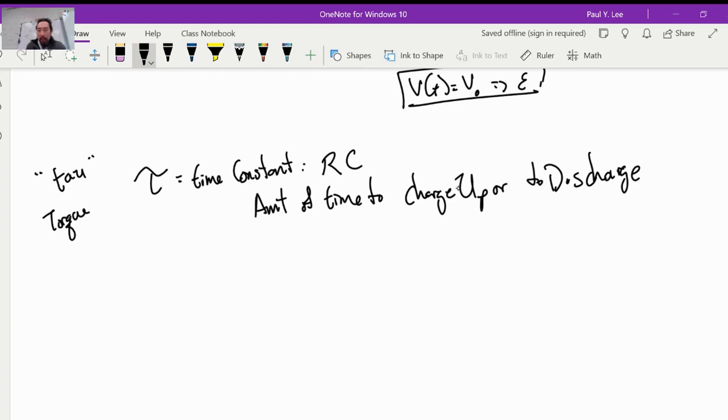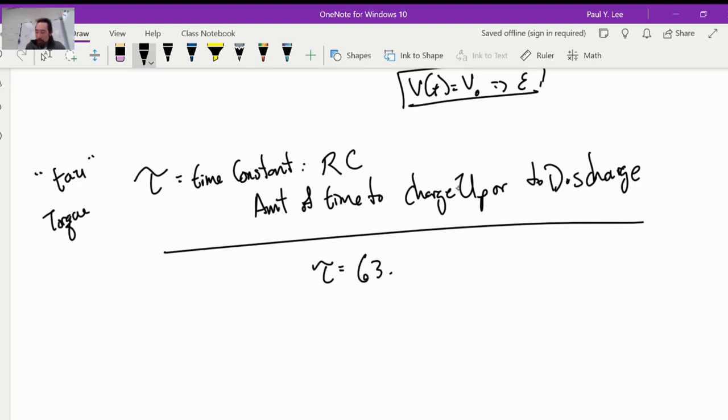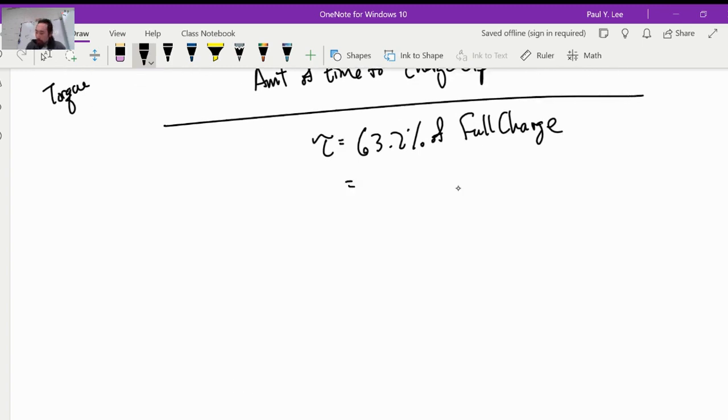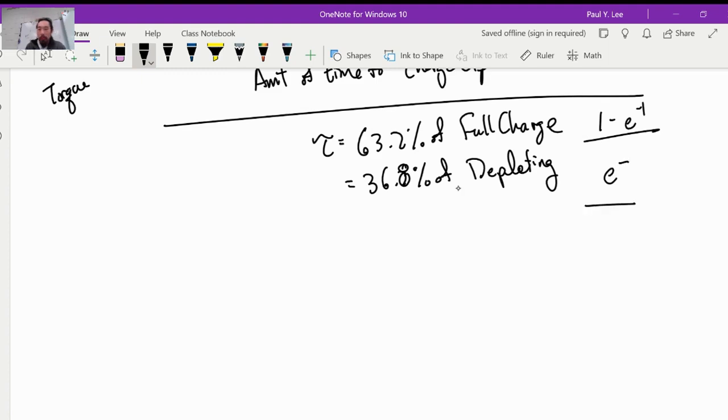But the important thing here is that 1 tau is equal to 63.2% of charging up to its max, or 36.8% of depleting, which is when you're discharging it. And so 63.2% gives us 1 minus e to the negative 1, and 36.8% is e to the negative 1.